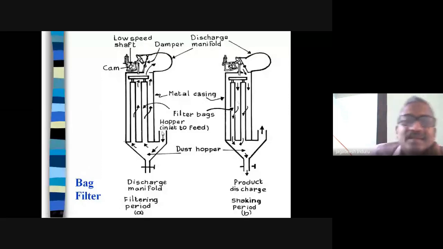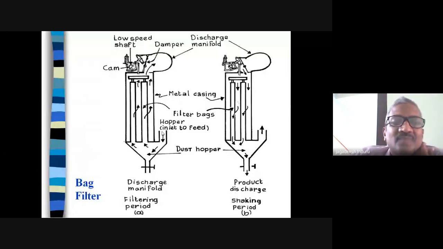The name itself contains bag filter, which means the filter is present in the form of a bag. If you see here in the center, this is the bag. These bags are just like your pillow covers or cylindrical bolsters; like that, they are stitched with the filter material.